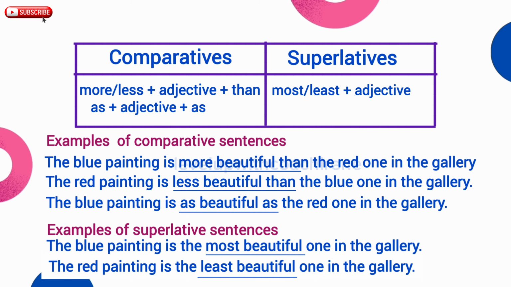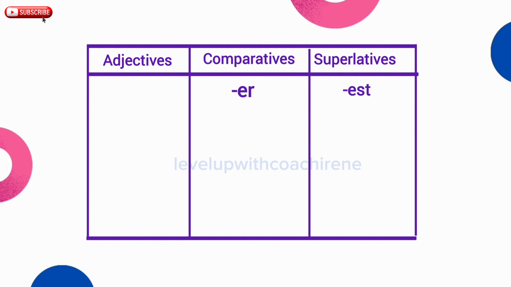I believe with these examples, you can see that comparative compares two things, whilst superlative compares three or more things, showing the highest or lowest degree. Note that with some other comparative and superlative adjectives, you add er or est.